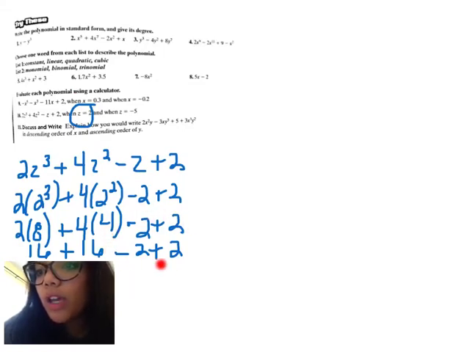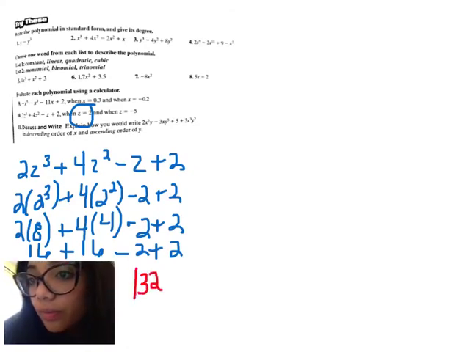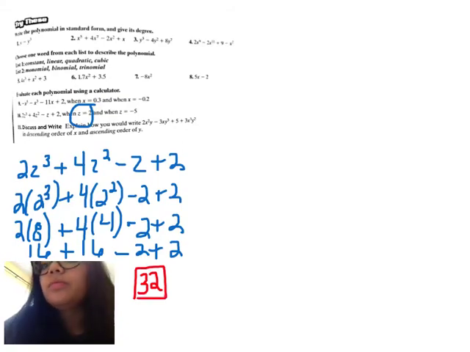But if you notice right here, when you subtract 2 and add 2 to anything, it cancels out. So 16 plus 16 is all you're really left with. 16 plus 16 is 32. Minus 2 would be 30. Plus 2 would be 32. So your answer is 32. Okay, so that is for the first one.